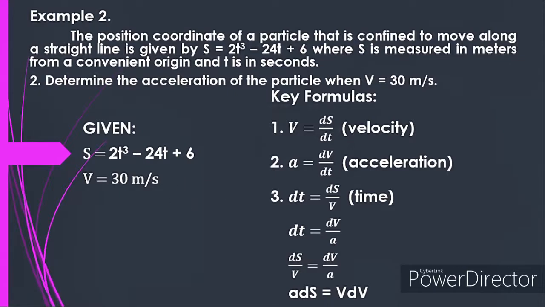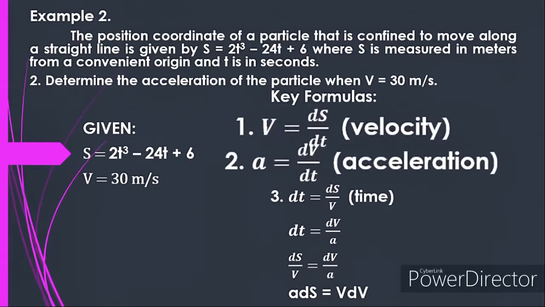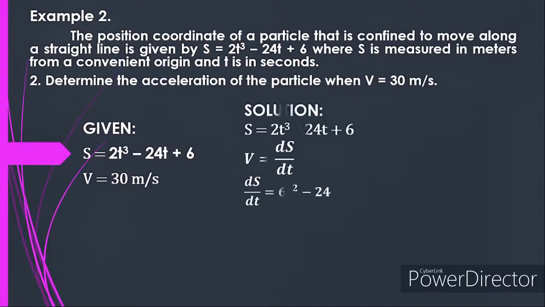So again, given si velocity, so gamitin ulit natin yung formula ng v is equals to ds over dt, and also magagamit din natin si acceleration formula na dv over dt. Ayan. So, differentiate si distance formula para makuha si velocity formula. ds over dt is equals to 6t squared minus 24. So, meron tayong equation ni v.